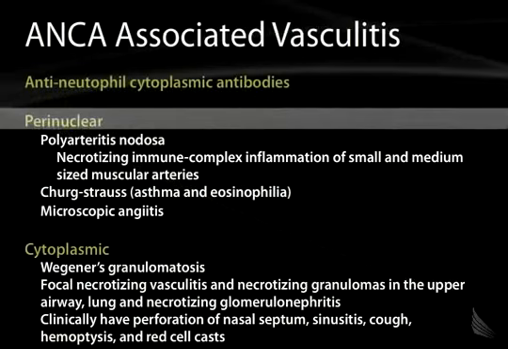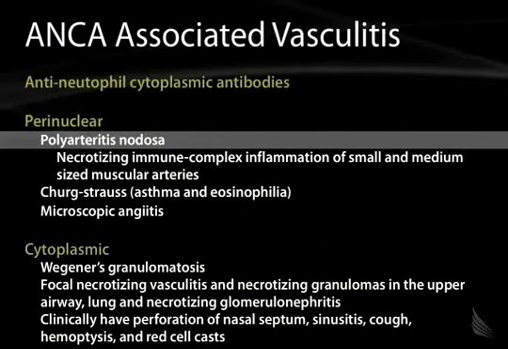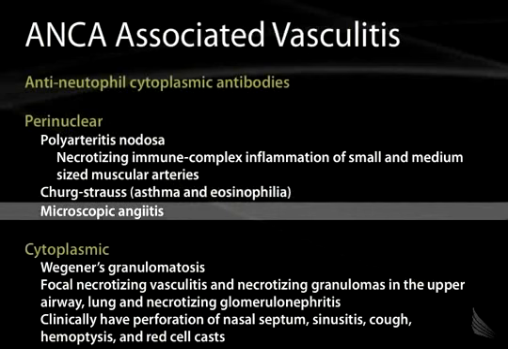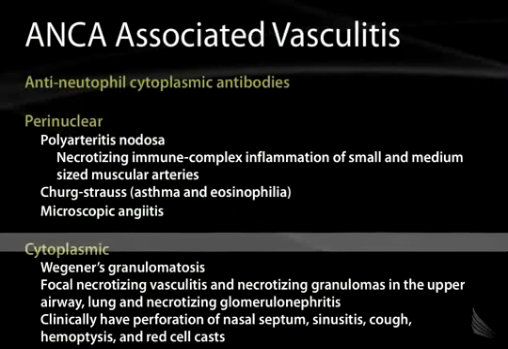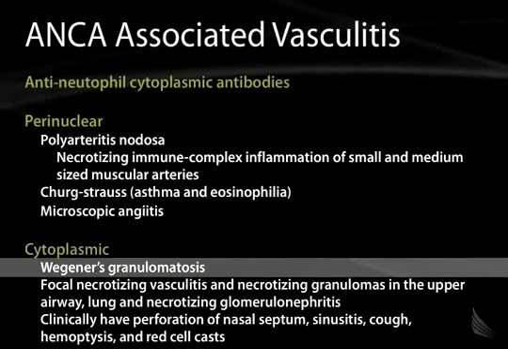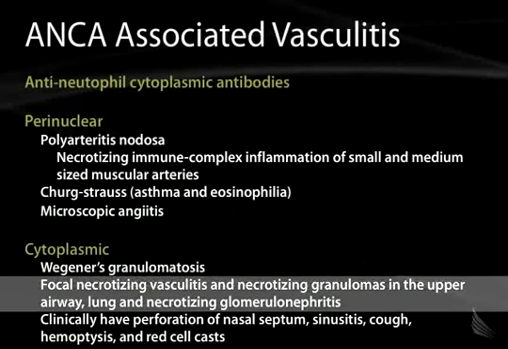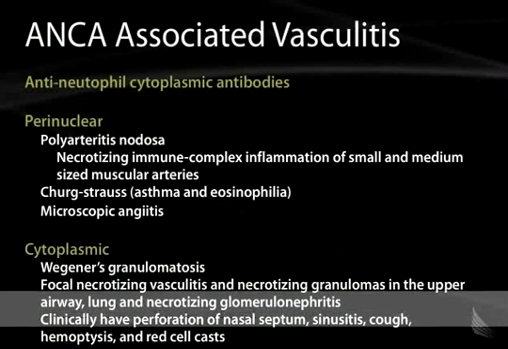The perinuclear forms include autoimmune diseases like polyarteritis nodosa, Churg-Strauss disease, and microscopic angiitis, which are described in the autoimmune lectures in pathology. The cytoplasmic form is Wegener's granulomatosis. Here you see focal necrotizing vasculitis and necrotizing granulomas in the upper airway, lung, and necrotizing glomerulonephritis.